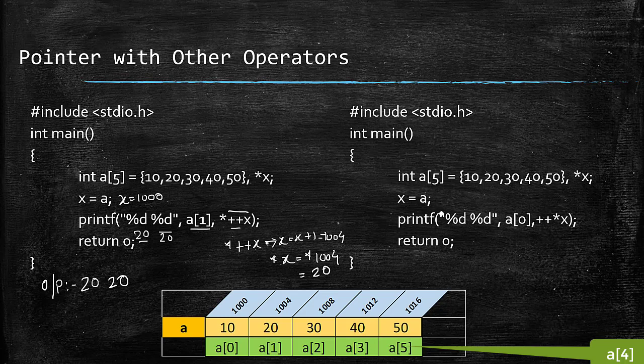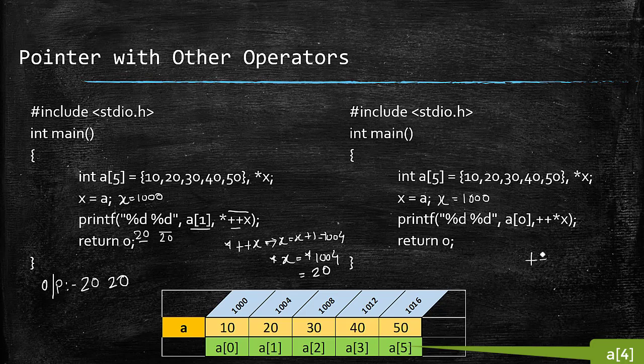Come to this example. Here the printf statement is different, but the assignments are the same. So considering x equals 1000, as a's base address is 1000, what will happen? The asterisk operator is with x, then the plus plus or the pre-increment operator.